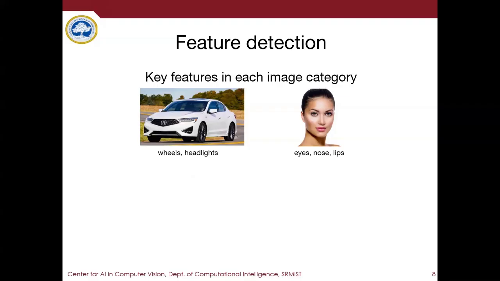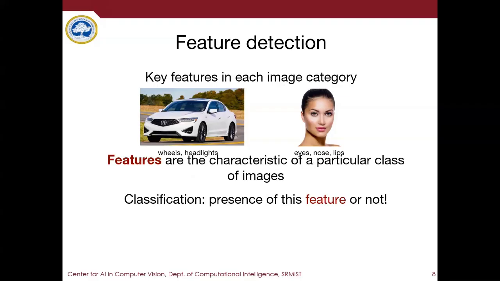We have to recognize patterns and understand those patterns. Once the pattern is identified in the picture, maybe it's a face. Understanding these features is the fundamental thing in the computer vision process.